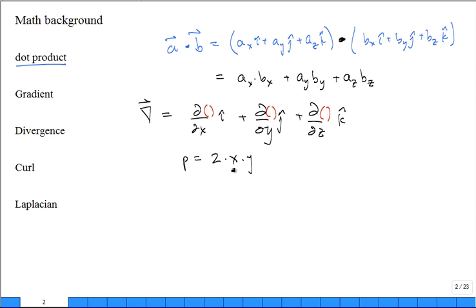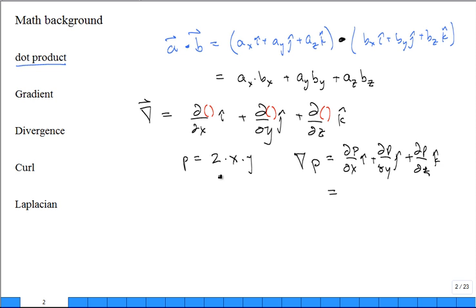So can you take the gradient of that P, which may be representing pressure, a scalar field? Well, sure, you could do this. This is what I wrote: you take the derivative of P with respect to x in the i, the derivative of P with respect to y in the j, and the derivative of P with respect to z in the k.